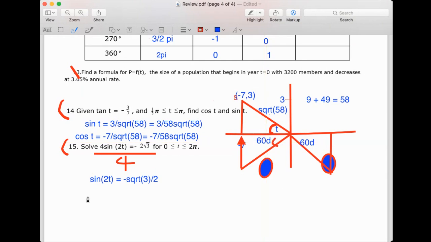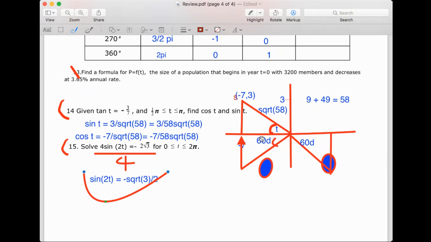I have two quadrants, so by this equation I got two pictures: a triangle in the third quadrant and a triangle in the fourth quadrant. Because the reference angle is 60 degrees here and 60 degrees here, it gives me negative square root 3 over 2.